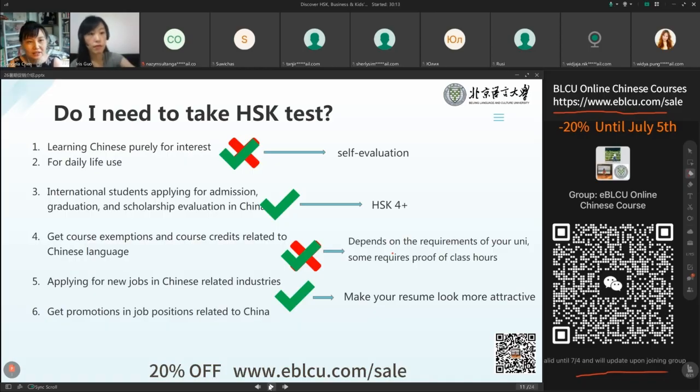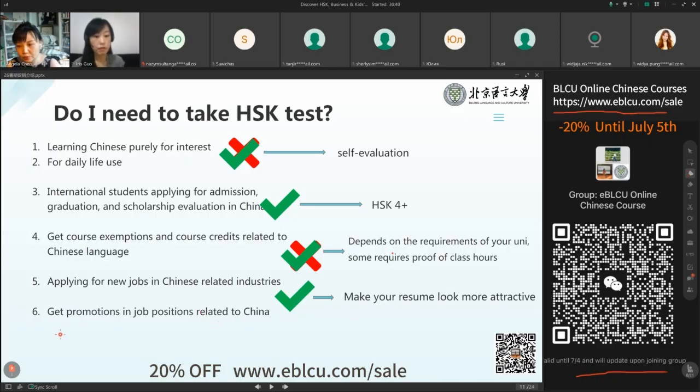Like, I have an HSK 5, I have an HSK 6, I have an HSK 4, I can speak fluent Chinese. That will definitely help the HR of that company to give you a higher score for maybe an interview or something like that.